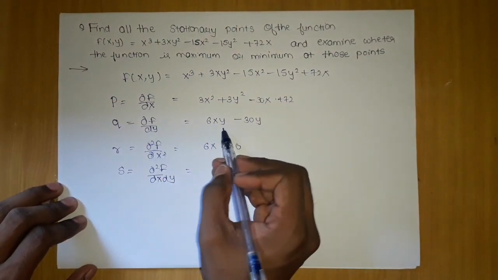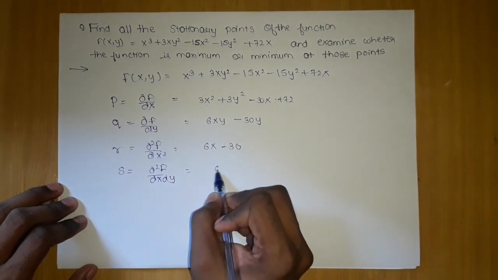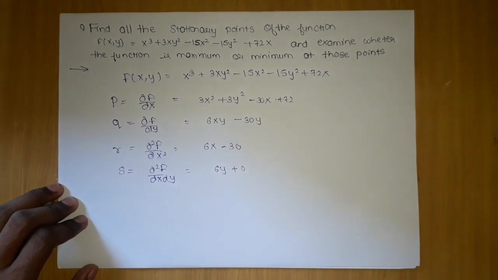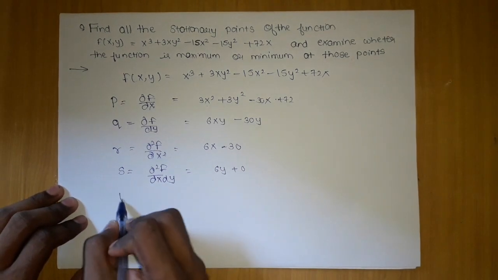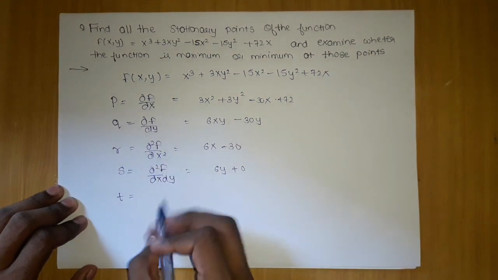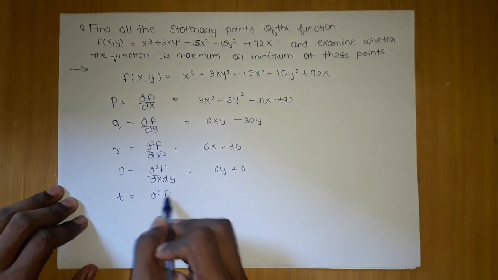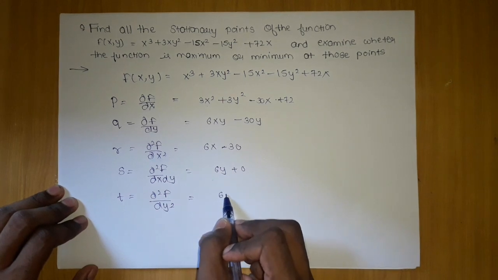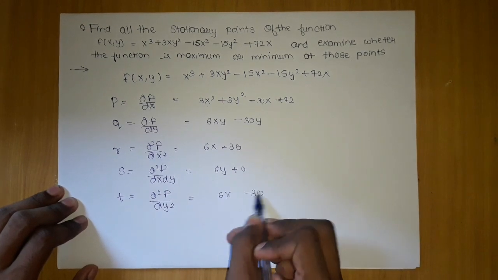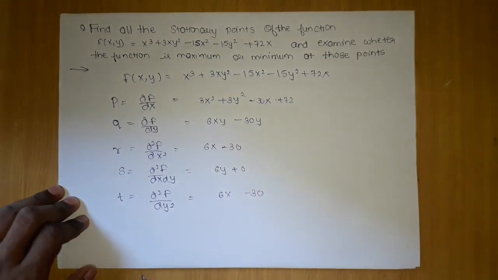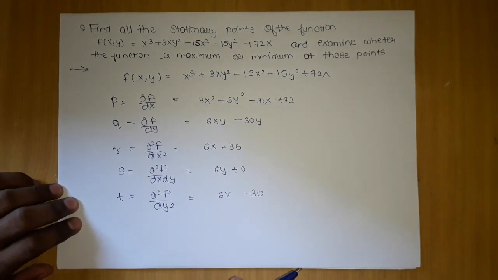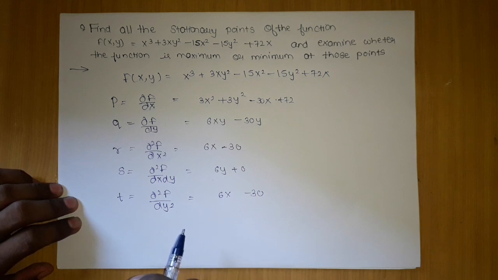If we differentiate it with respect to x, we are going to get 6y. This will become 0. So only 6y will be our answer. T is differentiating y again, which is dou square f by dou y square, which is nothing but 6x minus 30. We got all the values which we required for the second order derivative test for maxima and minima.